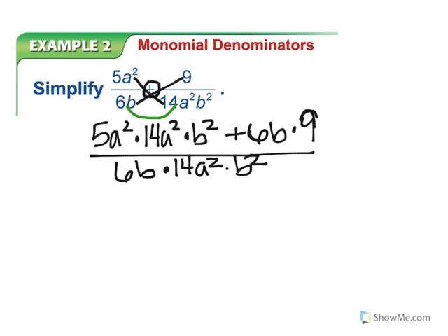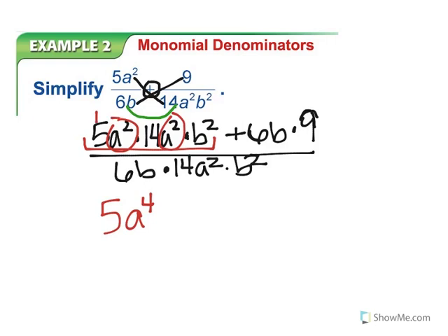So in our first term in our numerator, we have 5, we have an a squared and an a squared, so that gives me a total of 4 a's, so 5a to the 4th.